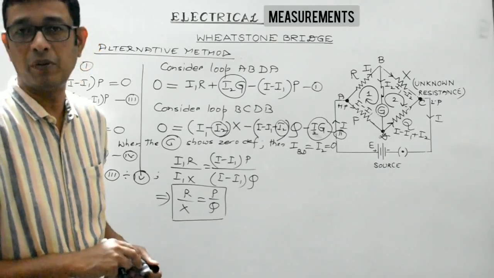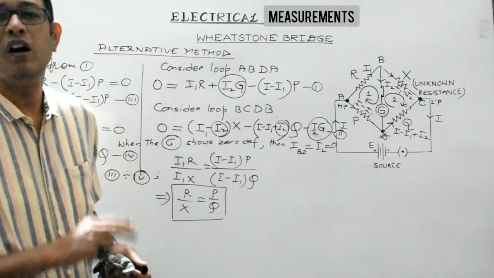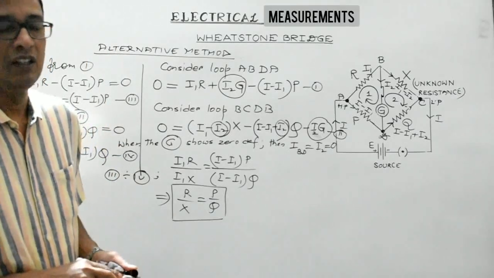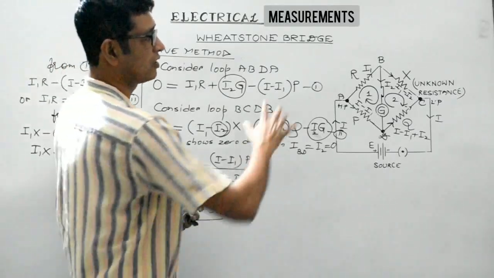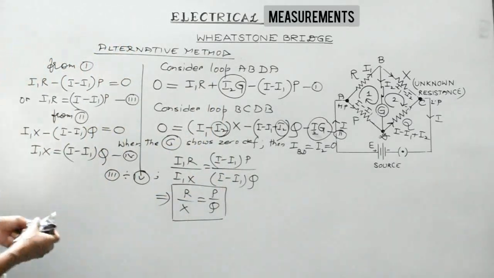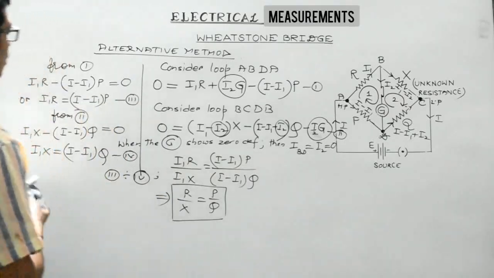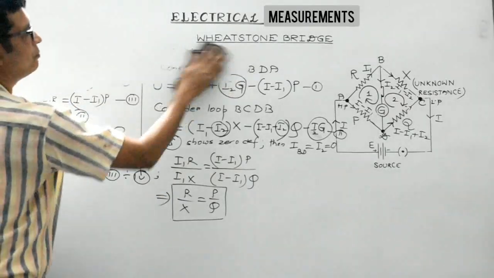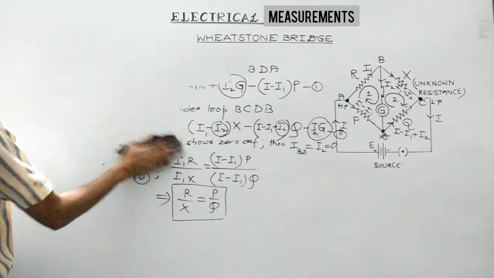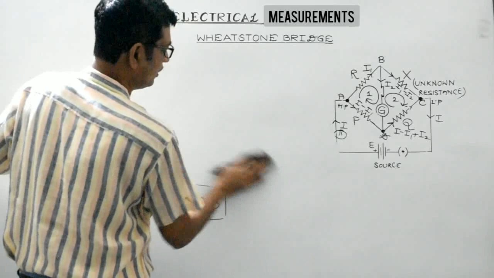And students always remember, in the balanced condition, P by Q is always equal to R by X, right? So there are some numericals which we will try to solve using this balanced condition. So I hope you have understood the derivation part, right? So now let's solve some simple numericals based on Wheatstone bridge, based on balanced Wheatstone bridge.